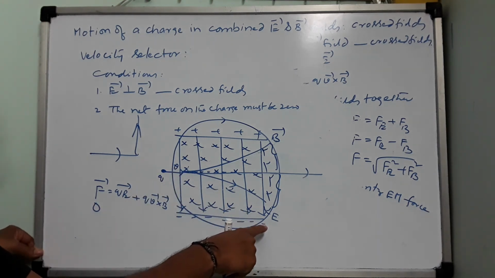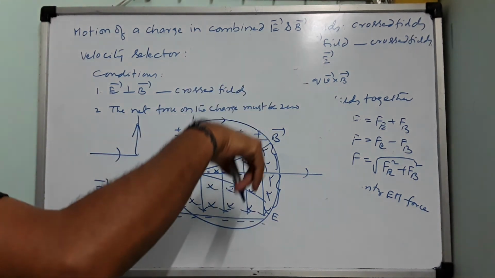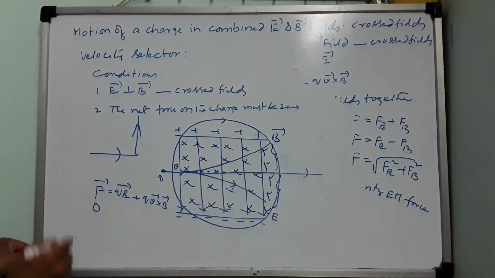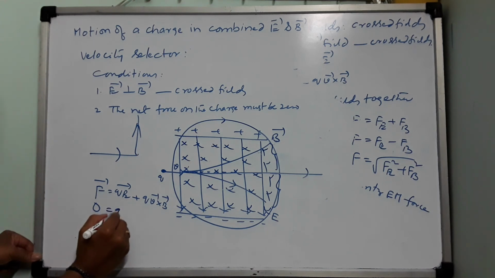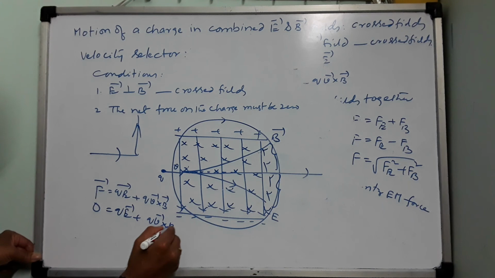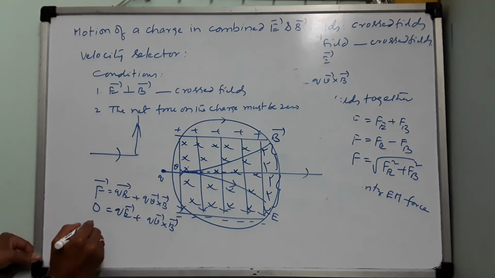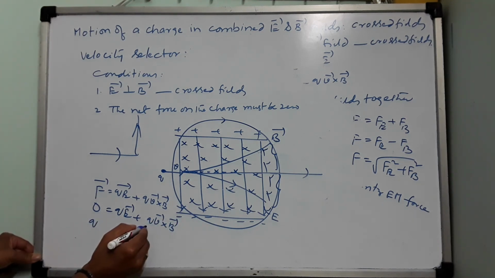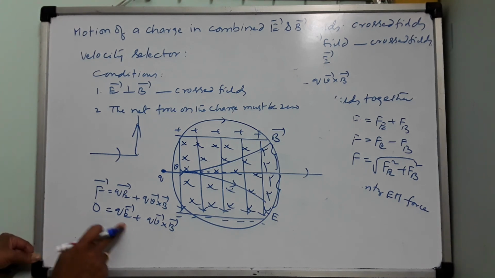Force due to electric field is downward, force due to magnetic field is upward, these two are equal and opposite. So net force will be what? Zero, equals QE plus QV cross B. You bring this to this side, Q is common, so Q will come to this side.